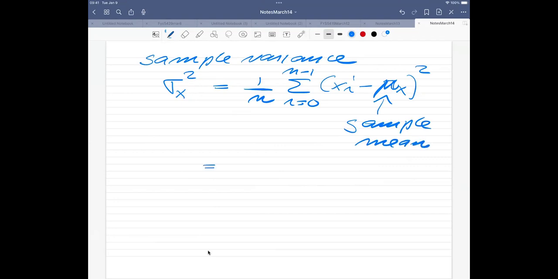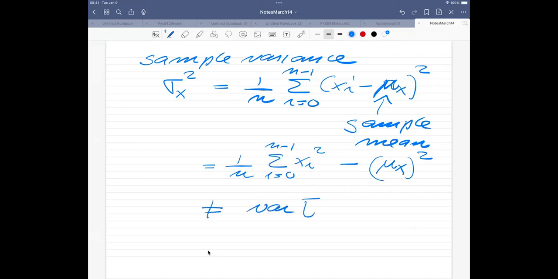And this is going to be equal to 1 over n, when I now do the calculations, this is exactly what we end up doing, sum of X of I squared minus mu of X squared. So the quantity which we need in addition is that expectation value of X of I squared. Now, this quantity is not the same as the true variance of X.